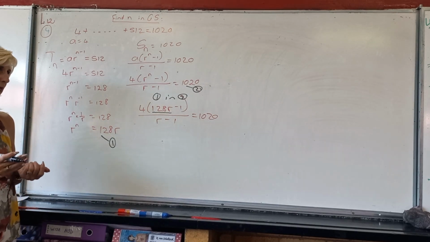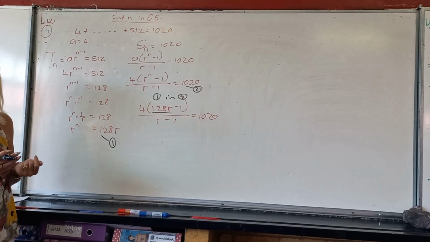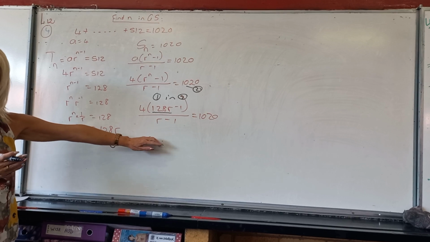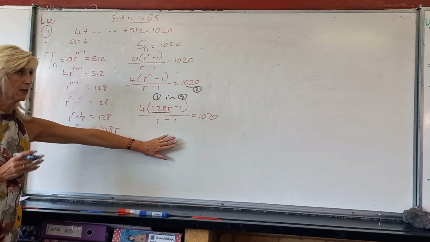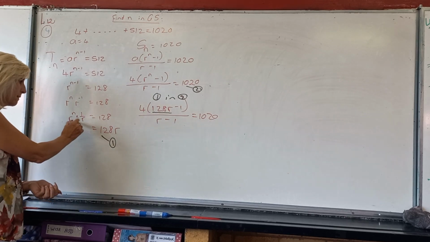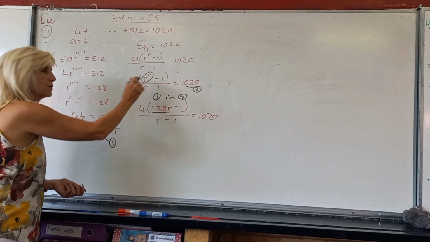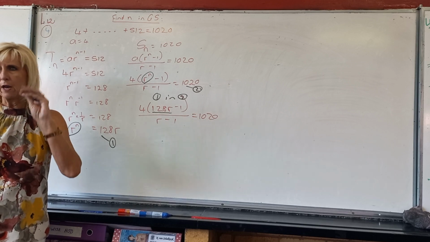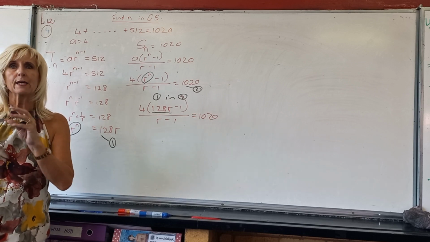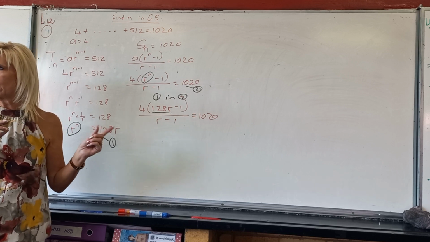Okay, is this helping me? A little bit, because now I only have R. Okay, so this was an interesting thing to have the R to the N. It doesn't have to be R alone or N alone. If it's something that you can substitute with, you are allowed to do that.